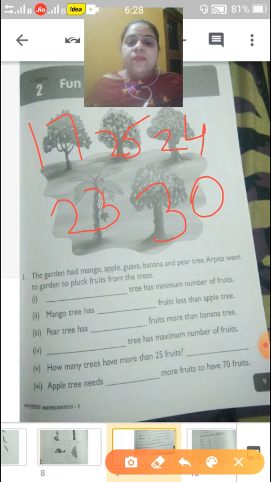So children, for the minimum number of fruits, the mango tree has it. So you will write here, mango tree has minimum number of fruits. Next, mango tree has minimum fruits, less than apple tree. So children, what I told you, mango tree is having 17 and apple tree is having 25.